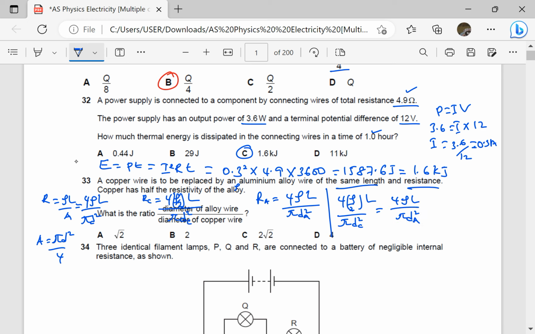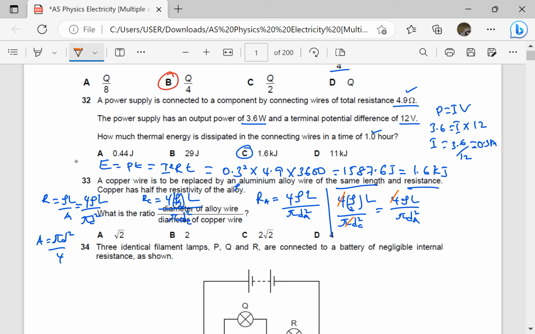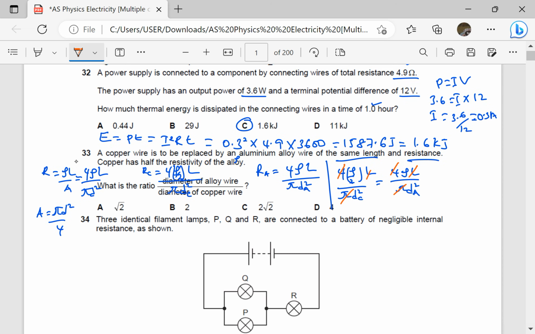So I will cross out some of these things which are identical. 4 cancels, pi cancels, L cancels. So I remain with rho over 2, this is d copper squared, is equal to rho over d alloy squared.